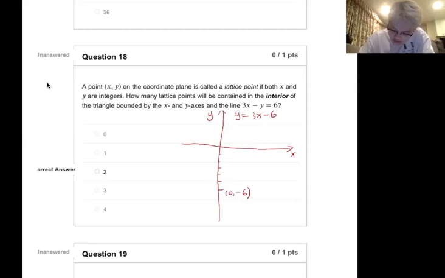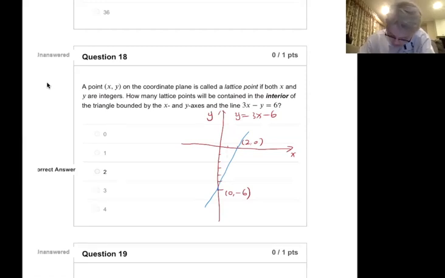And the x-intercept is then 2, 0. And the line will be like this. And we check how many lattice points are in the interior of the triangle.